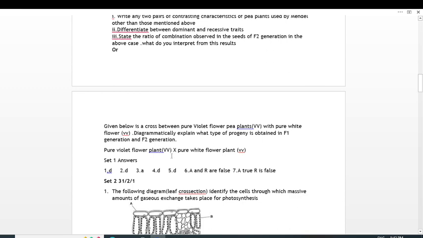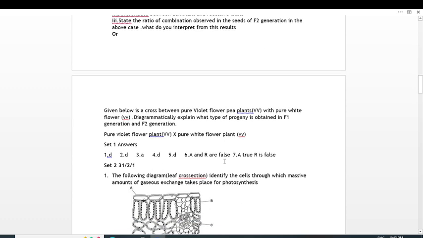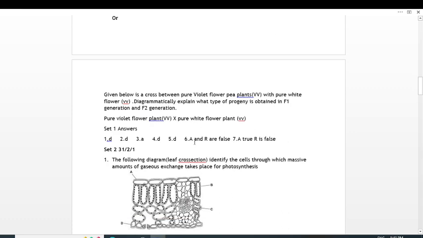You want to write the entire Mendel's set: pure violet plant, capital V, crossed with small v. Then you show the F2 generation and how you are getting the 3:1 ratio of plants. You write both the genotype and phenotype also.